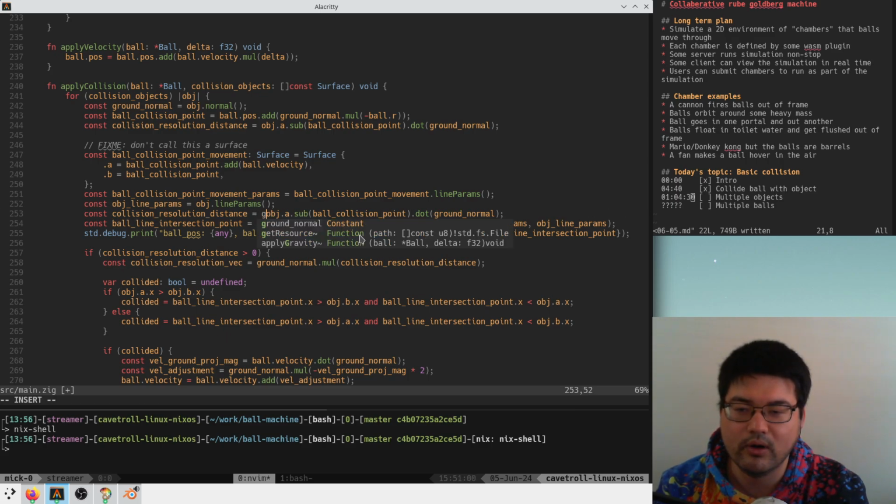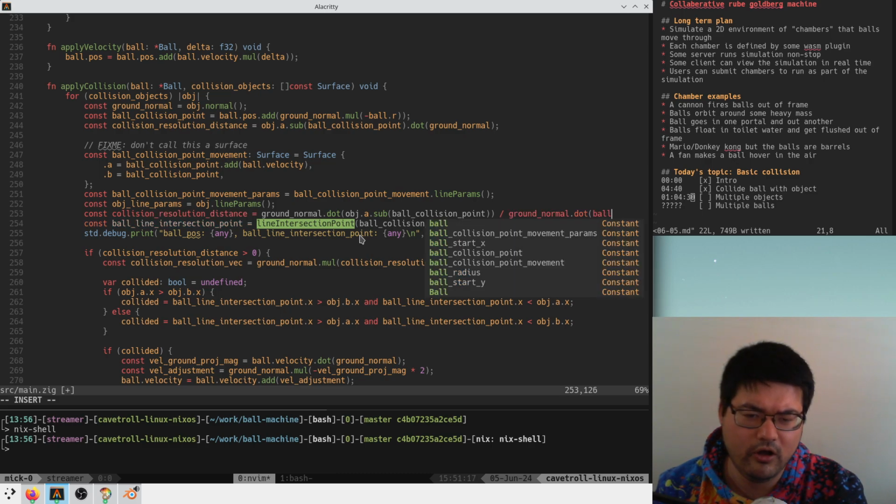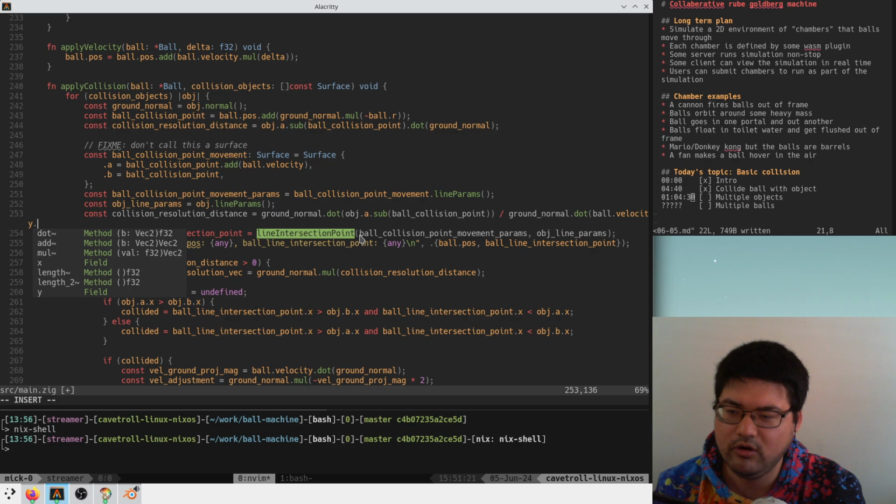So this would be ground normal dot with this, divided by ground normal dot ball velocity, length.